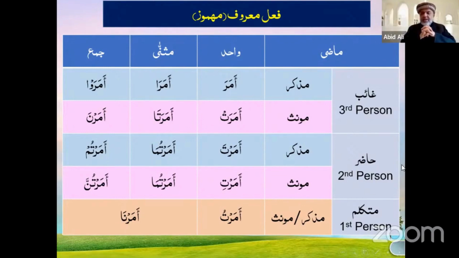Is there any change in the Madi? No. Do you see any situation where there is a Hamza with a haraka and a Hamza sakina? No. So the exercise I have been asking you to do is to please go ahead and write these tables with your own hand.